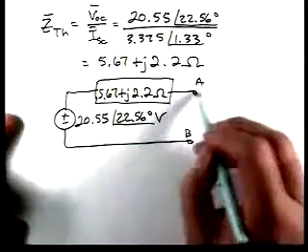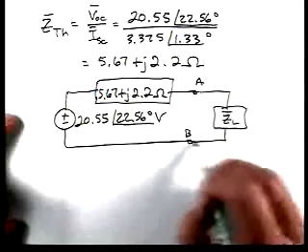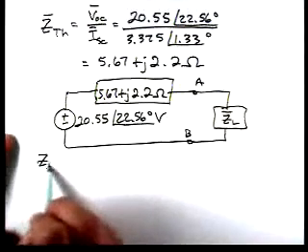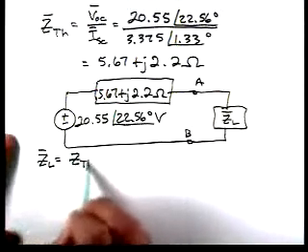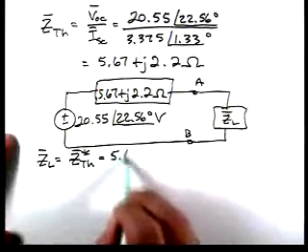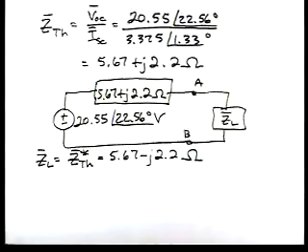Now we hook up ZL. By our problem solving strategy on maximum average power transfer, we want to set ZL equal to Z Thevenin conjugate, so it would be 5.67 minus j2.2 ohms. Now let's calculate the current IL.